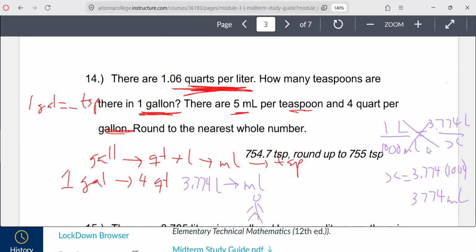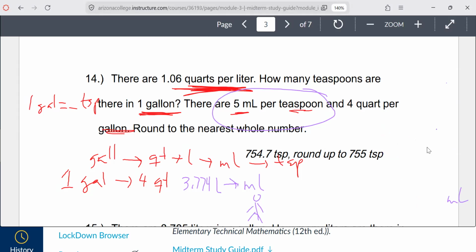And in the problem, it tells us that 1 teaspoon is 5 ml. Because it tells us that, you could set it up as a ratio and proportion problem. So 5 mLs is 1 teaspoon.